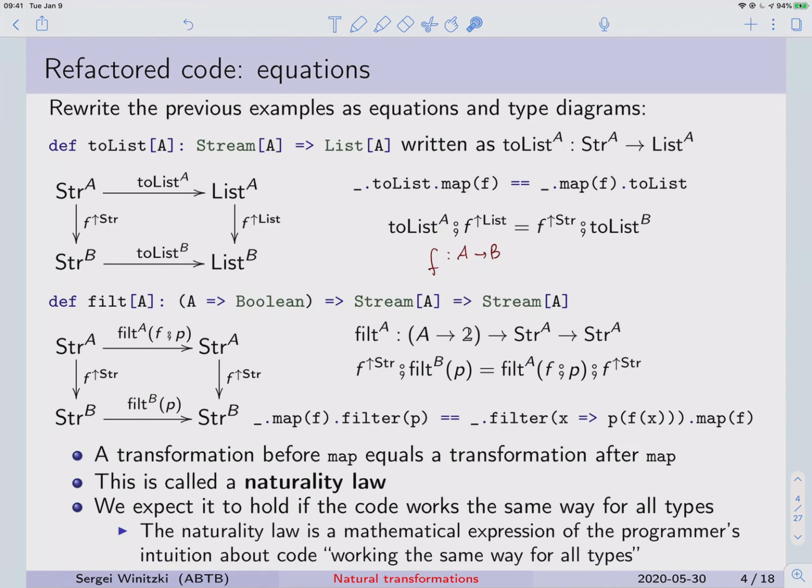So this diagram, which I call a type diagram, is just helping you to see what types are being used at every point of this equation, but it's exactly the same as this equation.